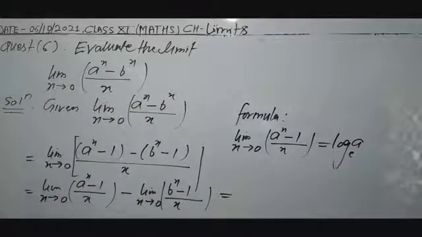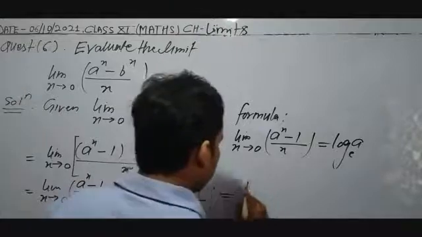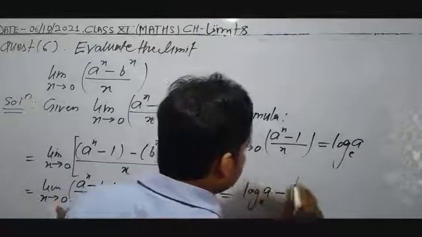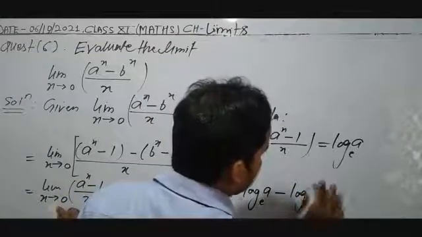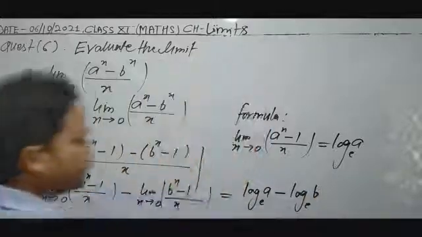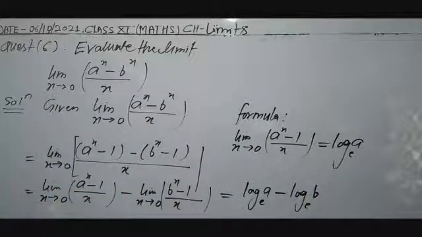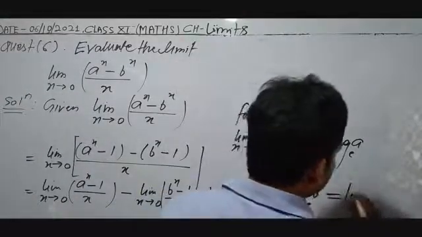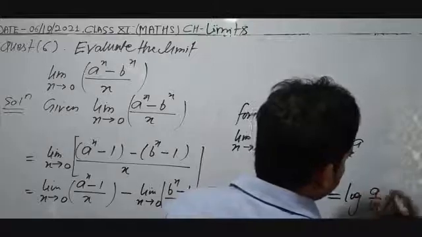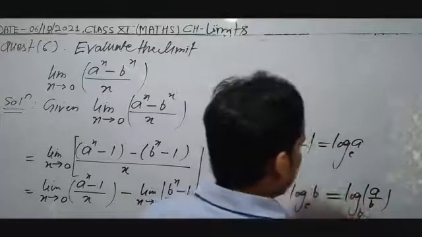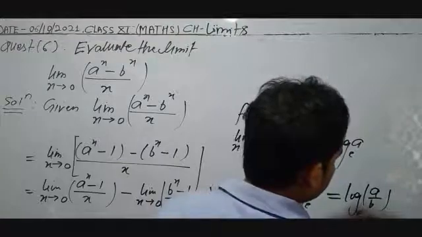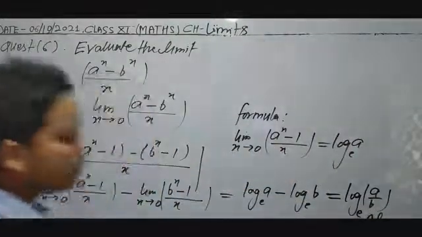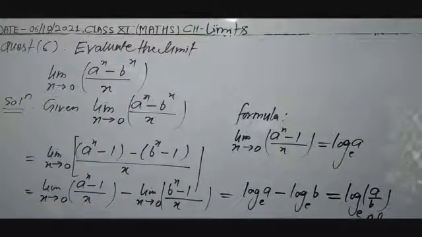Its result will be log of a base e minus log of b base e, and after calculation its result will be log of a by b base e. Now this is the answer. Question number 6 is completed.